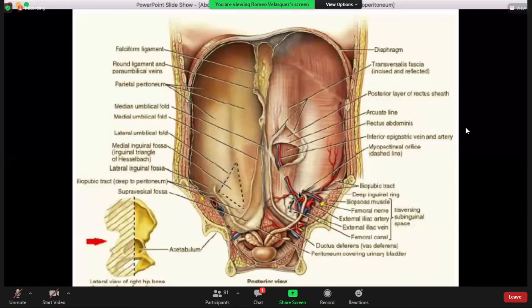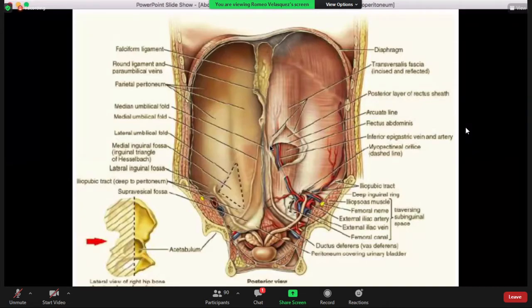Then the inferior epigastric artery and vein proceed to supply the posterior aspect of the rectus abdominis muscle, as shown in this representative cut section of the right rectus abdominis muscle, and the posterior rectus sheath has been opened right here, just to show you the landmarks. The arcuate line is there.